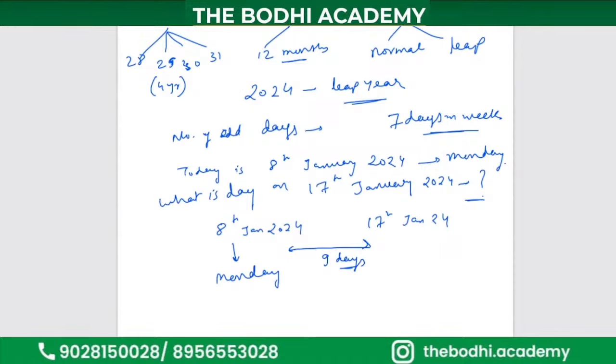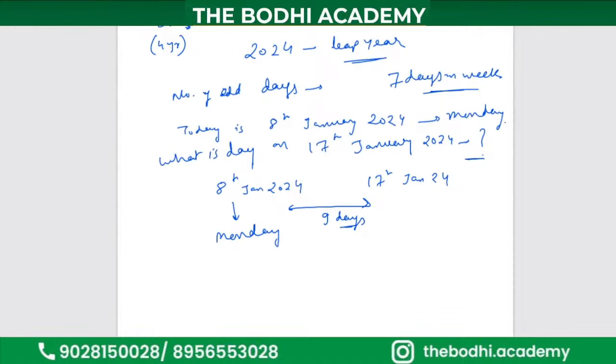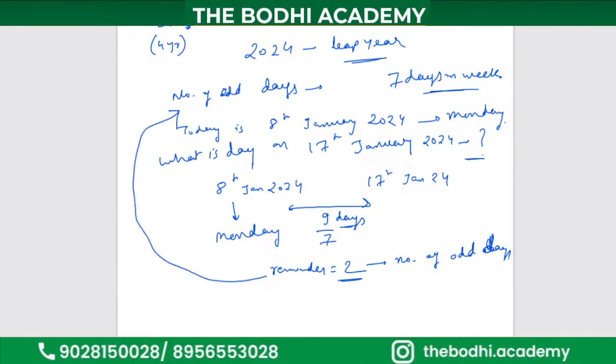Now when we have 9 days, divide the number of days between these two dates given in the question by 7. If you divide 9 days by 7, what do you get? We get 2 as a remainder. This 2 is the number of odd days. This remainder is called the number of odd days.